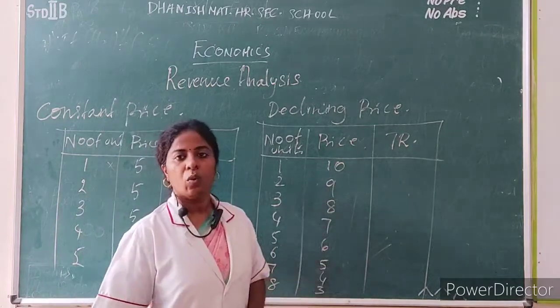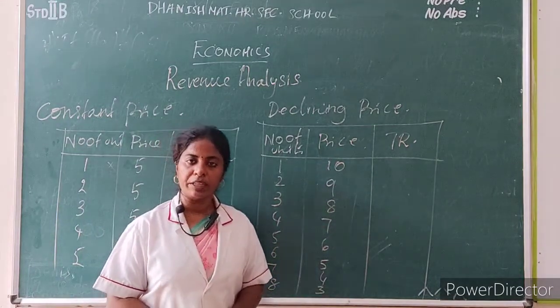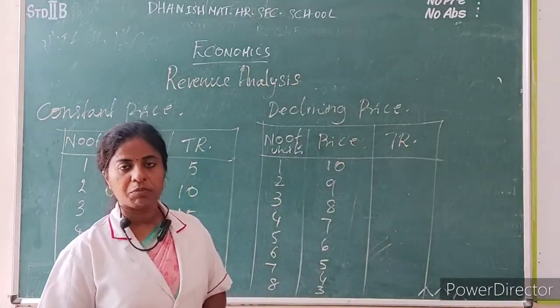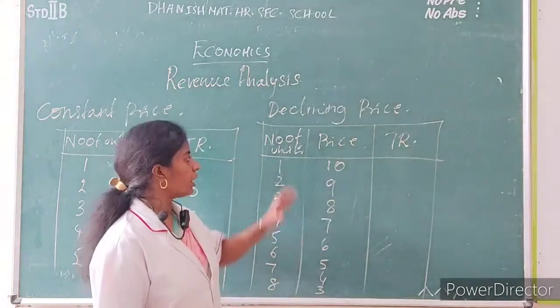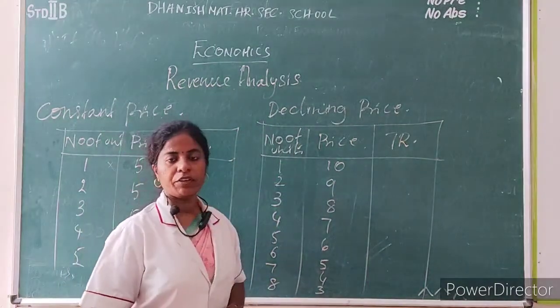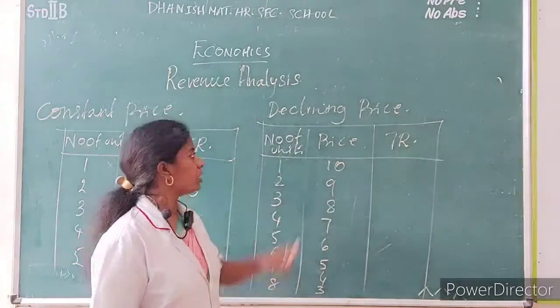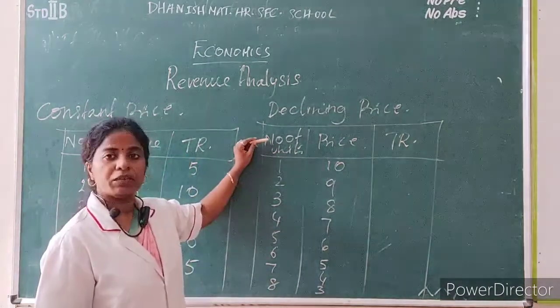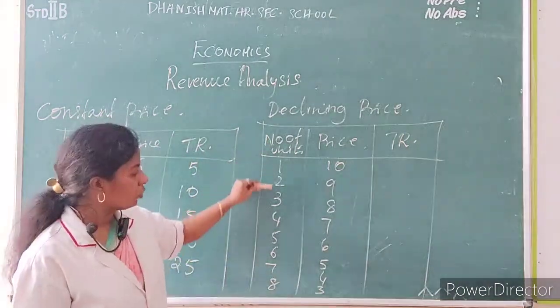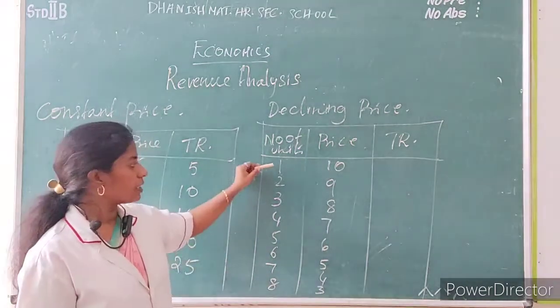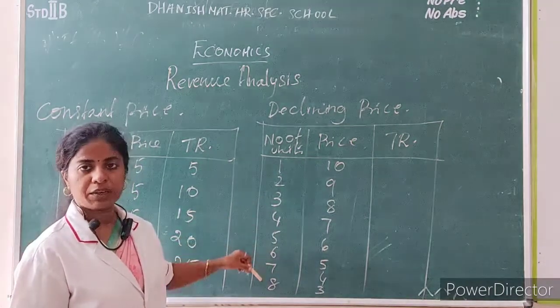So now what is the formula in order to find the total revenue? Price multiplied by quantity. So how much is the total revenue when the price started to decrease? So see here, the number of units has been increased. It is given as 1, 2, 3, 4, 5, 6, 7 and 8.